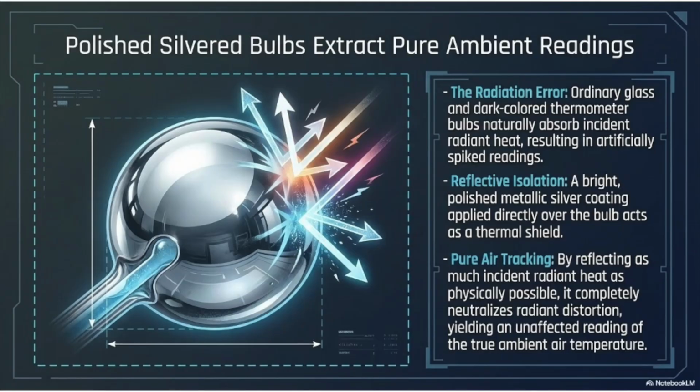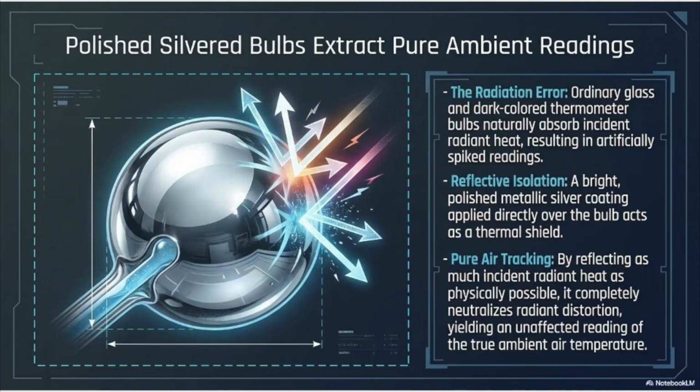To achieve pure ambient readings without any radiant interference at all, polished silvered bulbs are used. The radiation error occurs because ordinary glass and dark colored thermometer bulbs naturally absorb incident radiant heat, resulting in artificially spiked readings.